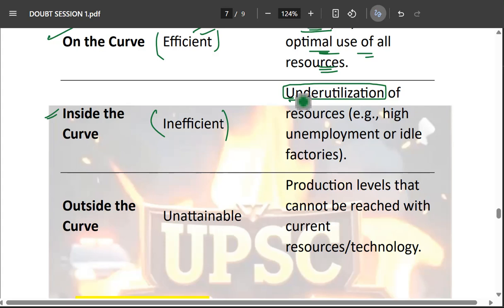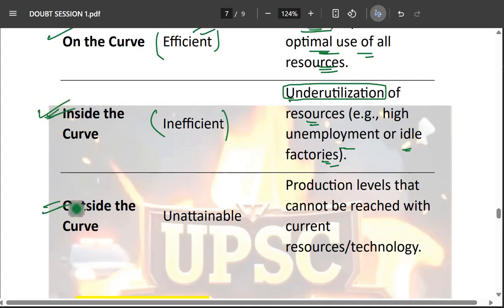I'm not saying driver is a bad job, it's a good job, but according to your qualifications you should be a lecturer or a research scientist, but you are working as a driver. That is underutilization of your talent, meaning underutilization of resources if the points are here. So there is high unemployment or idle factories. This is what it is called when the point is inside the curve.